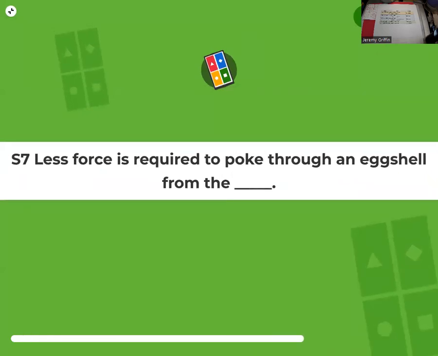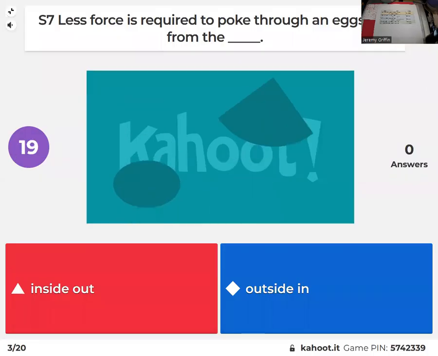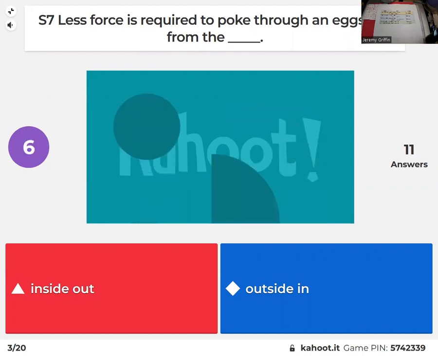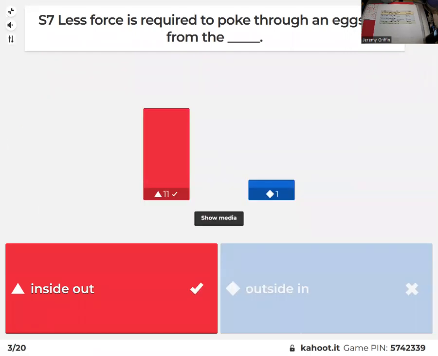Less force is required to poke through an eggshell. Which way? Less force. I'm going to break that eggshell. Yeah, good call. All right, so the physics perspective, remember one thing we were looking at was arches. Told you guys one of the strongest shapes you can create is like a catenary arch.